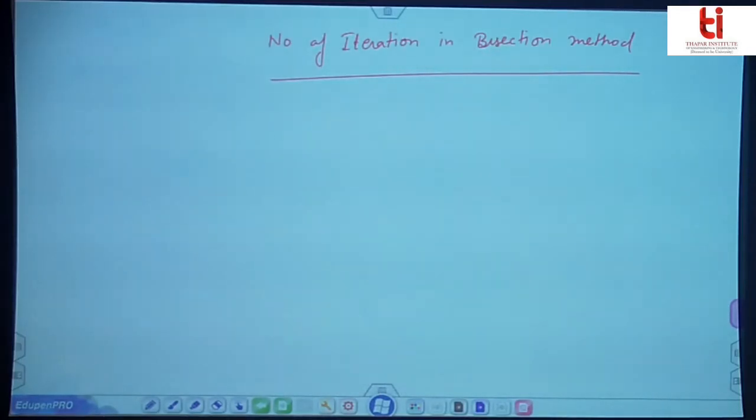Okay, so how to do that? We have already proved that |xn minus alpha| is less than or equal to (b minus a) upon 2 raised to power n, that we have already shown here.